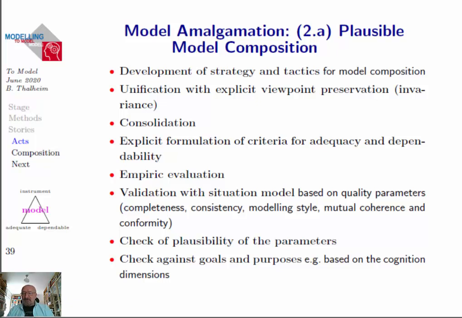We unify, we consolidate, we have ways to formulate in an explicit form the criteria for adequacy and dependability. We have an empirical evaluation and validation of the situation model or the domain situation model, and we can check for plausibility and check against the goals and purposes.